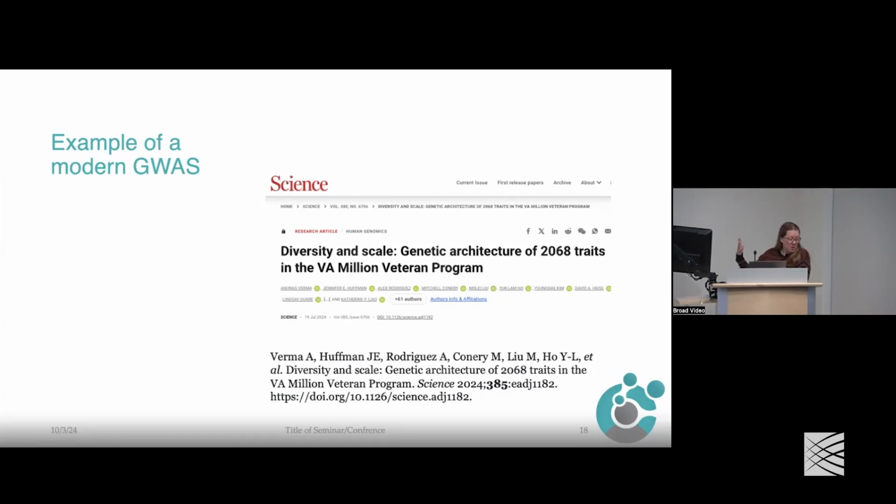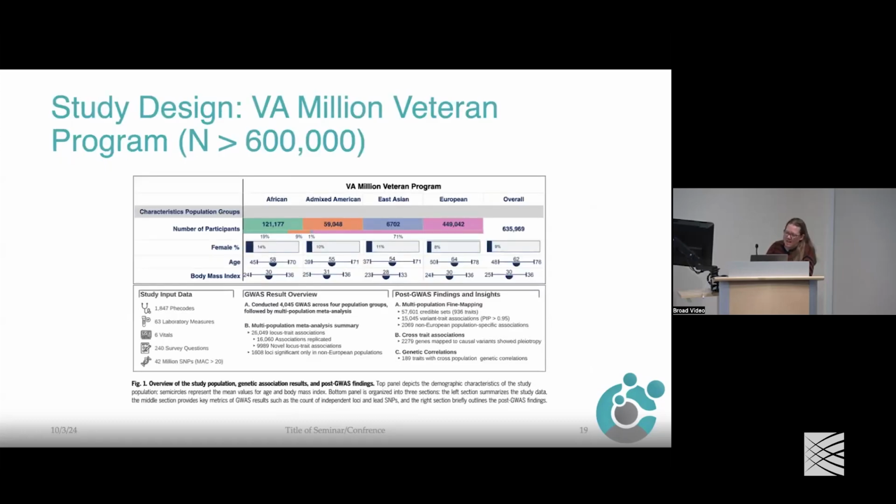It's a single cohort, whereas often, like I said, meta-analyses will be performed to combine many different cohorts into a single meta-analysis. But here we have a depiction of 2,068 traits being studied in the Million Veteran Program.